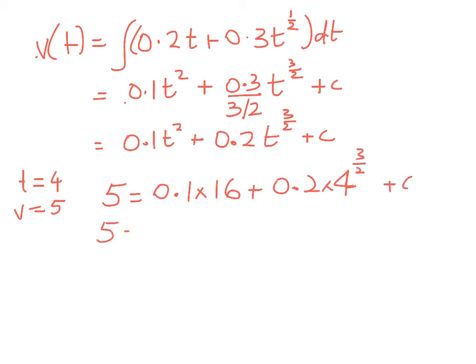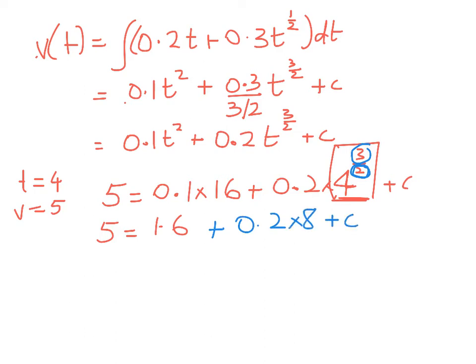Now, of course, you can get your calculator, but let's just think about what this is. 4 to the power of 1/2 is the square root of 4, which is just 2, and then we're cubing it. So this here is 8. So 5 is equal to 1.6 plus 0.2 times 8 plus c.